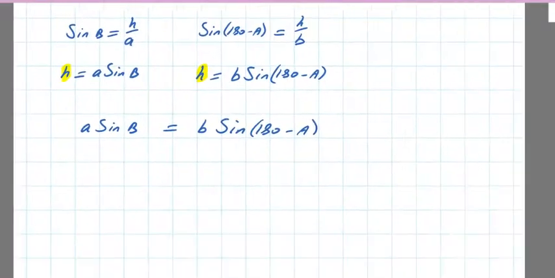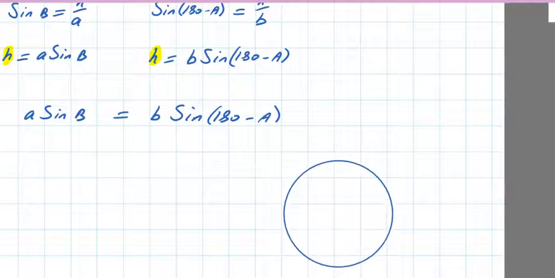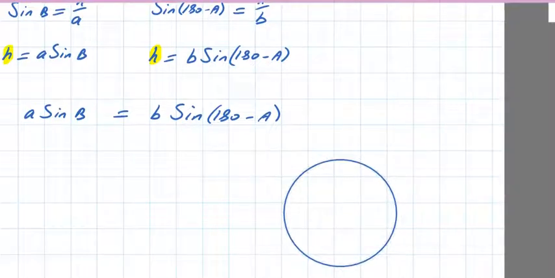Now there's one last step, one thing that's new here. If we revisit our quadrants for a sec, so just think about quadrants and think about the angle A and the angle 180 minus A in terms of quadrants.